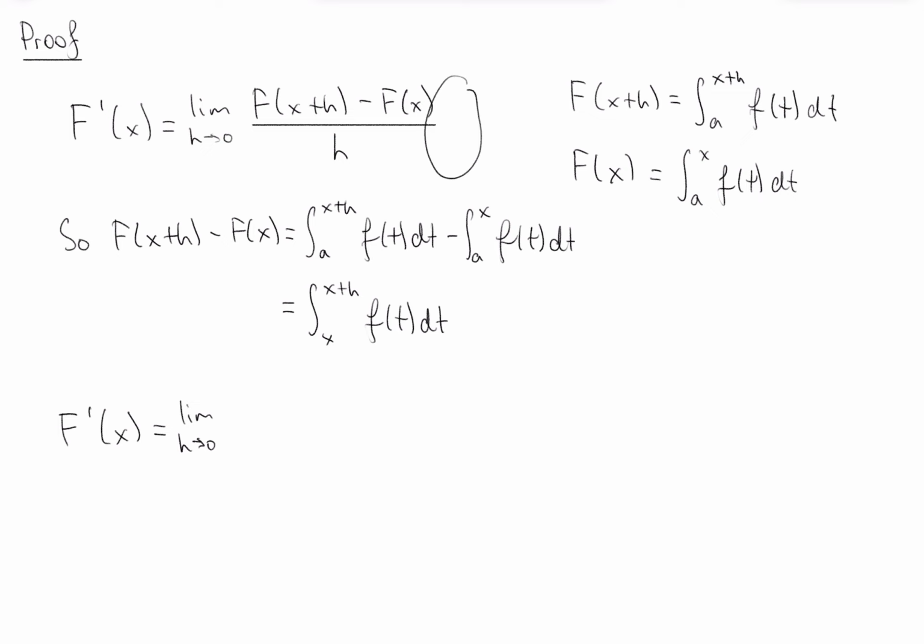I could just write that as the numerator times 1 over h, so 1 over h times the integral from x to x plus h of f of t dt. It just makes this setup a bit neater.